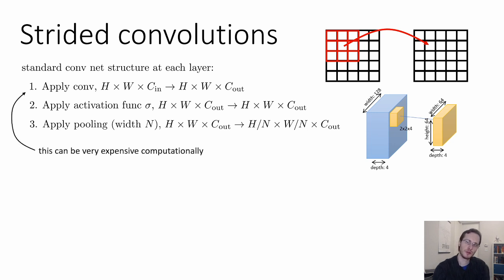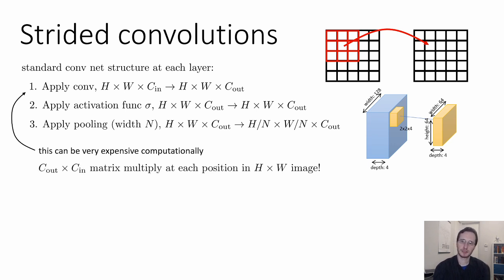Now, the first step here, applying this convolution, can be computationally very expensive. It doesn't require that many parameters, but it's expensive because you're doing this matrix multiply many, many times. In fact, this c out by c in matrix multiply basically happens for every position in the h by w image. So here's an idea to make it a little cheaper.